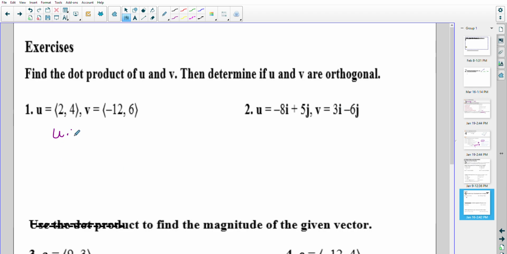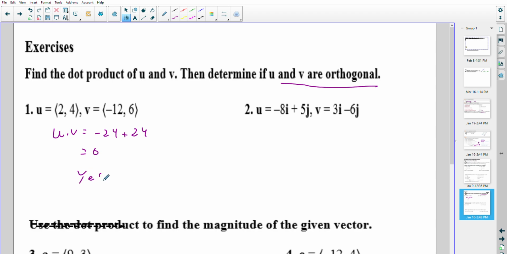Vector u dot vector v is equal to, and it's just the product of the first two parts, like the change in x's. So 2 times negative 12 is negative 24, and then plus 4 times 6 is 24. That gives you 0, and the question is, are they orthogonal?